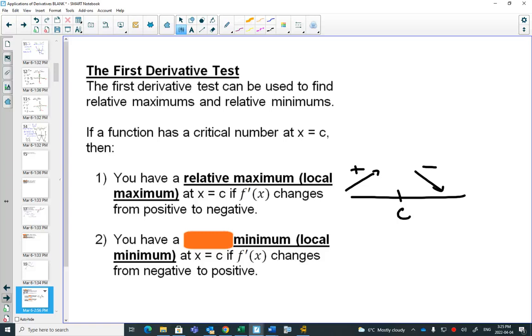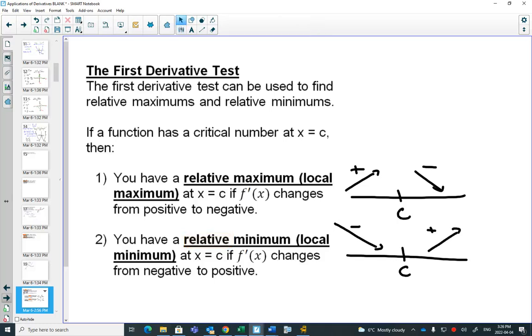This is the first derivative test to find out if something is a maximum. If at point C you go negative before and positive afterwards, it would mean your graph was decreasing, then increasing. Then you would have a relative minimum.